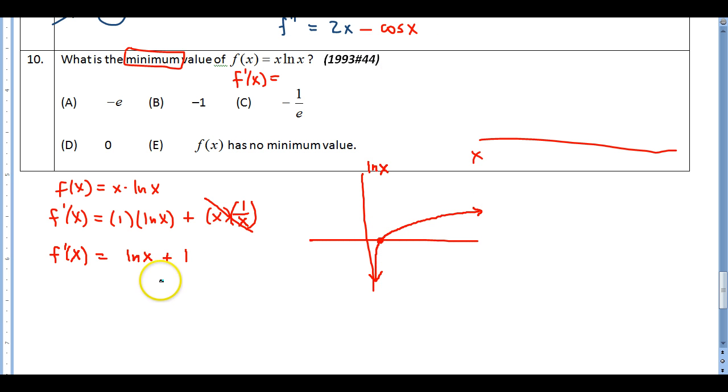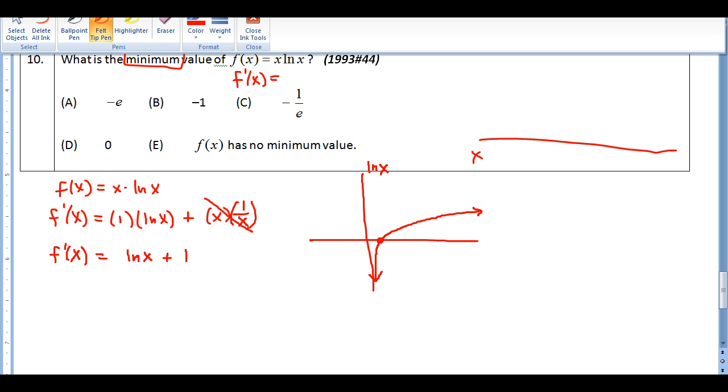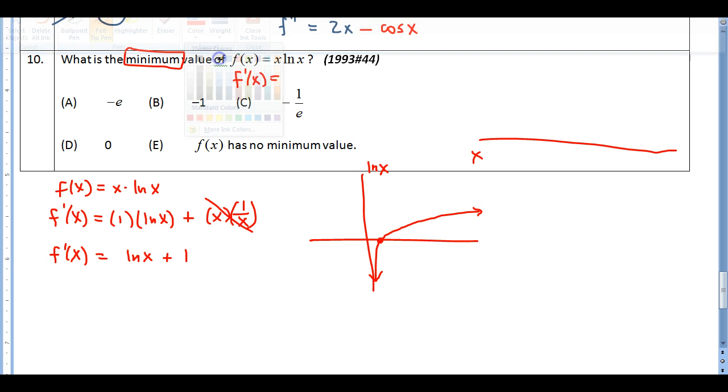So ln of x plus 1 is just going to have the same shape but moved up exactly 1. This goes down forever still. Never touches this. This is an asymptote.